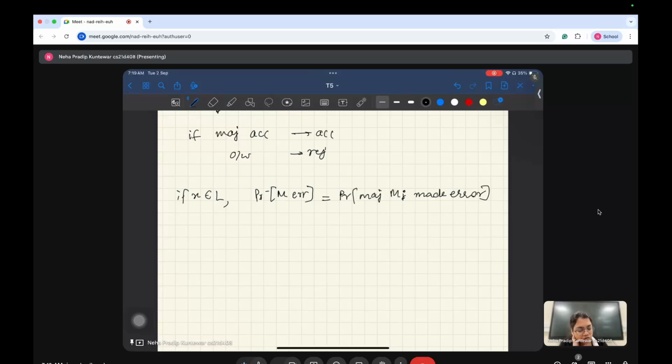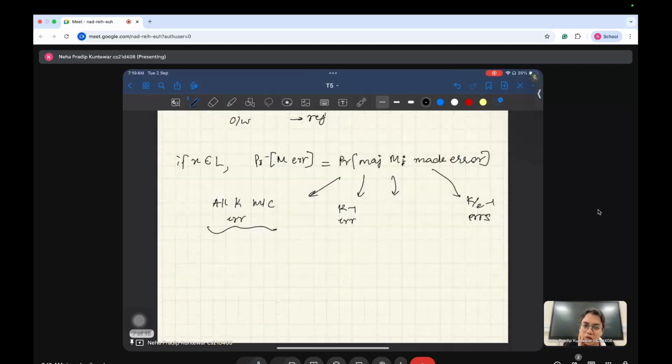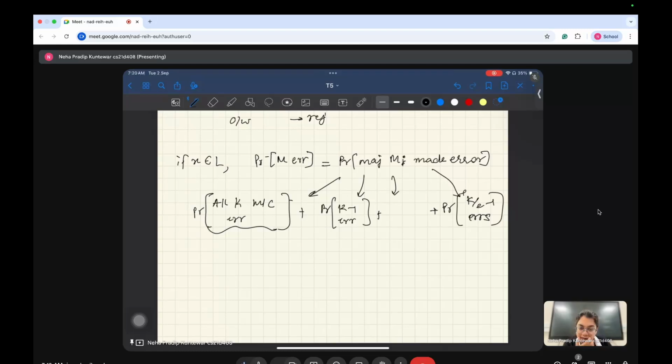This could happen if all k machines made an error. This could happen if k minus 1 made an error, and so on, all the way up to k by 2 minus 1. These are a union, by the way, so either this or this, and so on. Okay, so let's analyze the first one.